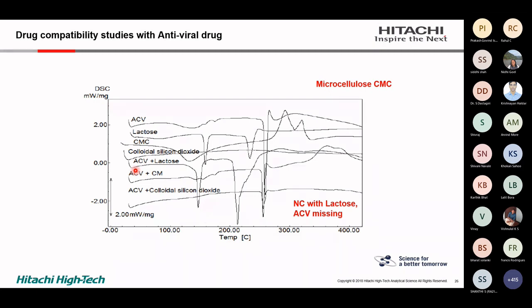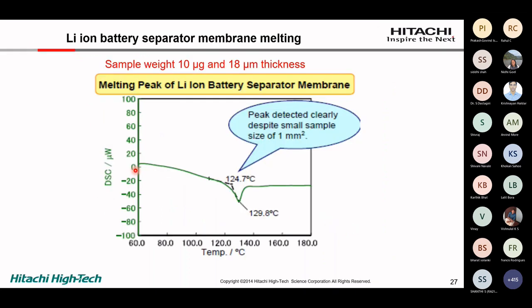Like this, you can determine the compatibility of a drug with an excipient by using DSC. The advantage of DSC is that it is an accelerated tool. The information obtained here took less than 20 minutes. Otherwise, by using some conventional technique, sometimes you have to wait 6 months, 9 months to identify which one is compatible and which one is not.